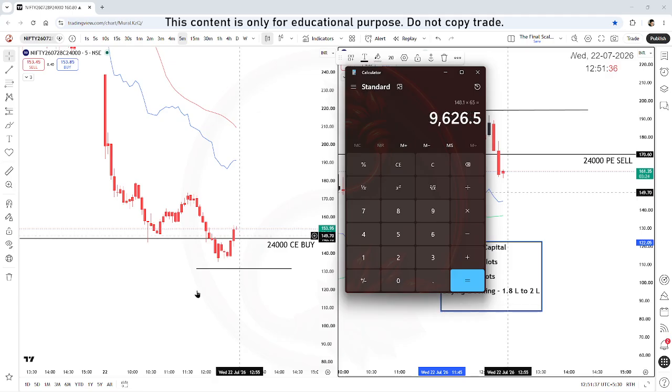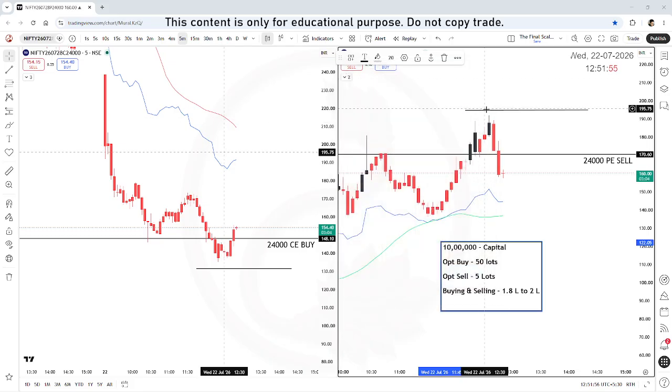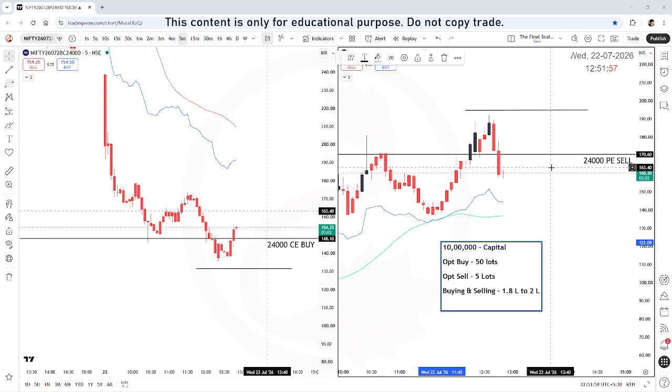To buy this particular option, it's going to take only about 9,700 rupees in my account, right? So now imagine with 10 lakh rupees capital in your account, how many of these contracts you can buy, right? That's exactly the math here. This is exactly how it is going to help you preserve your capital for a long run.